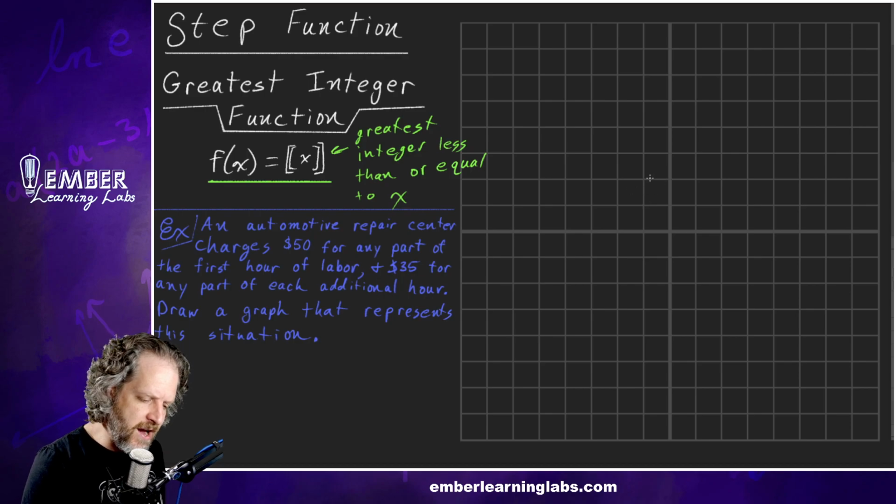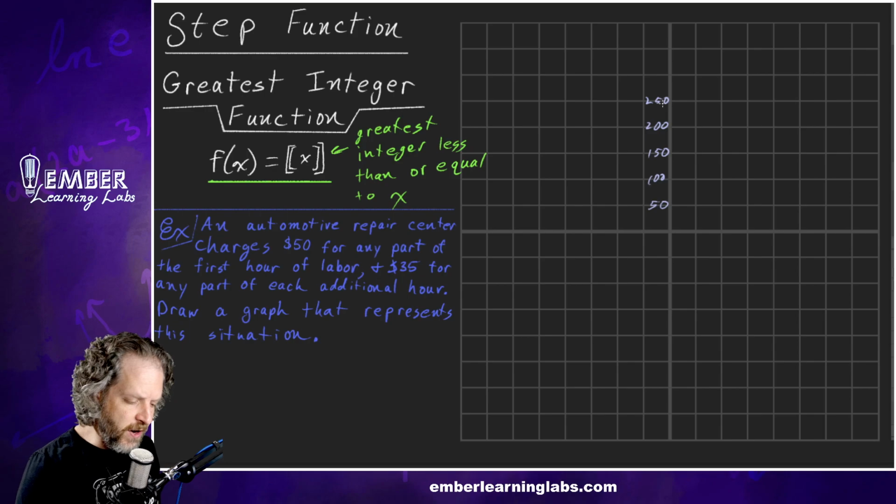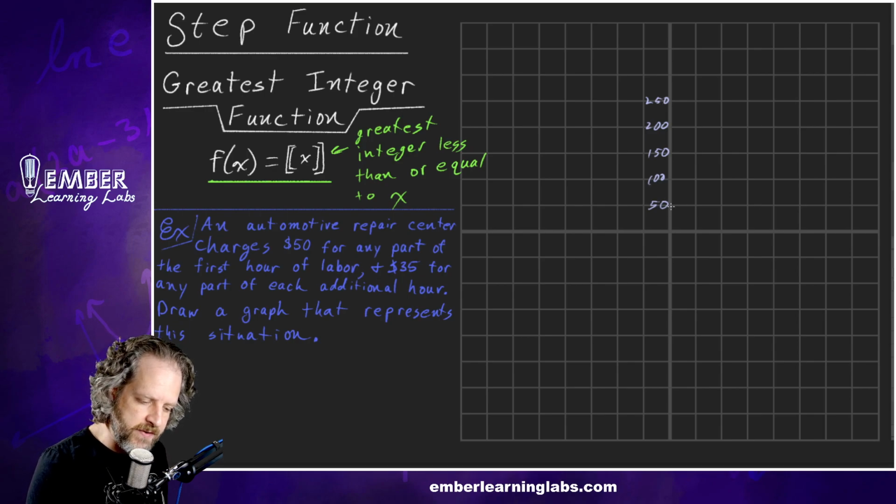So if we count by 50s, this is 50, this is 100, this is 150, 200, 250, right? The first one starts right here at 50. So from 0 hours all the way up to 1 hour, we're going to charge this.